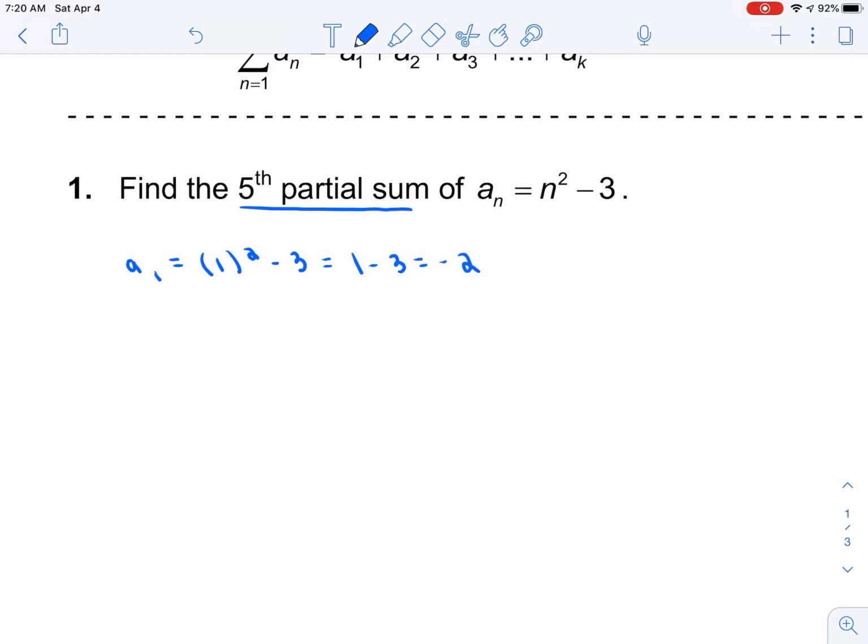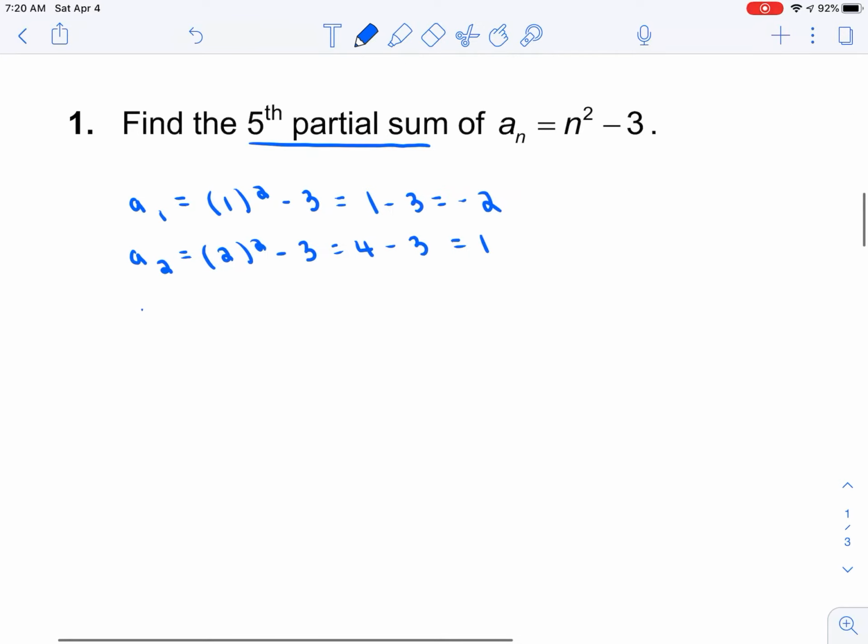So 1 minus 3, we get negative 2. A sub 2 is equal to 2 squared minus 3. Or 4 minus 3, we get 1. The nice thing is that this is explicit, so I can just keep subbing in different n values. And then I can just add them up at the end.